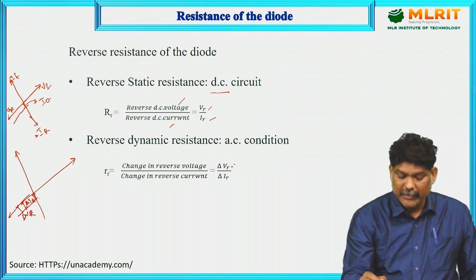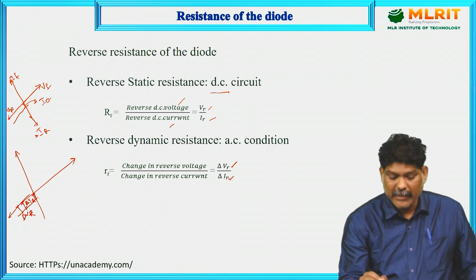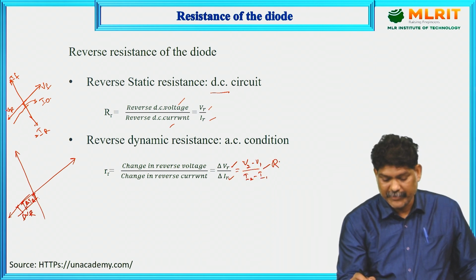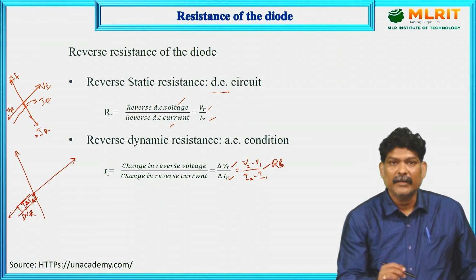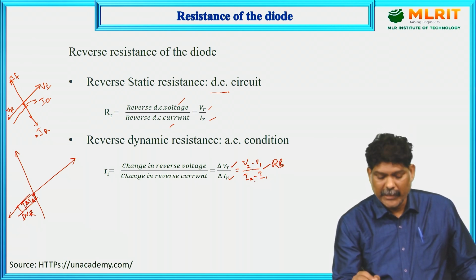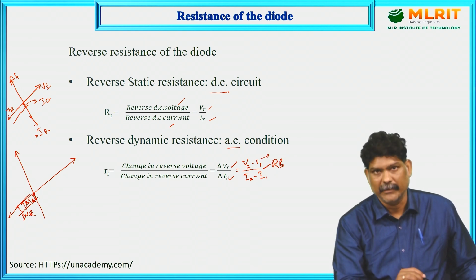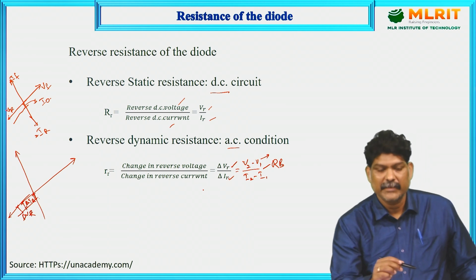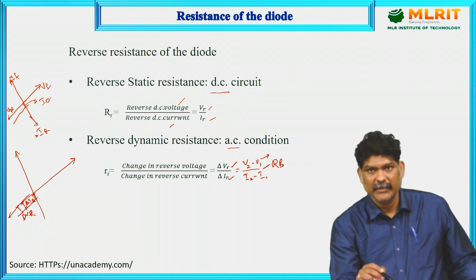So here delta VR by delta IR gives you V2 minus V1 by I2 minus I1 in reverse bias condition. So the change in the output current through the diode for the applied AC signal. So this is about forward resistance and reverse resistance of the diode.